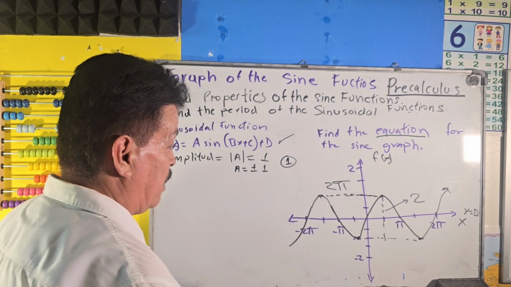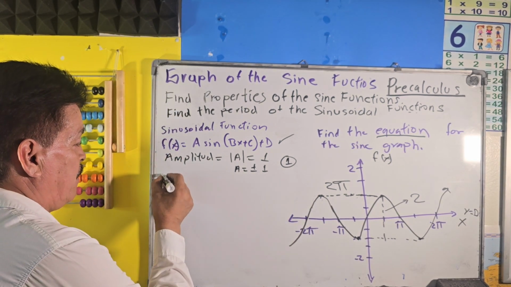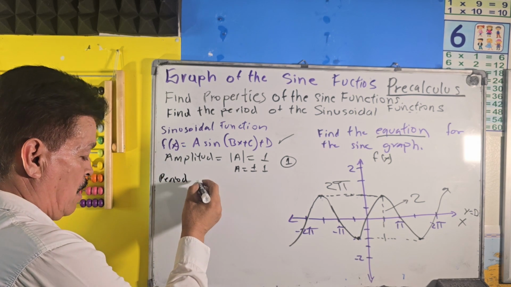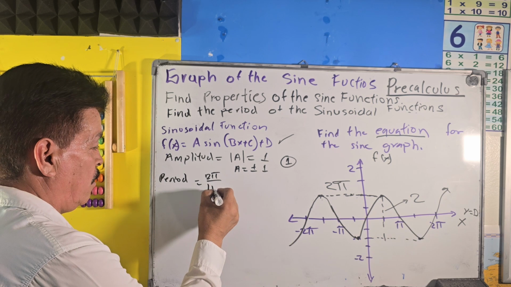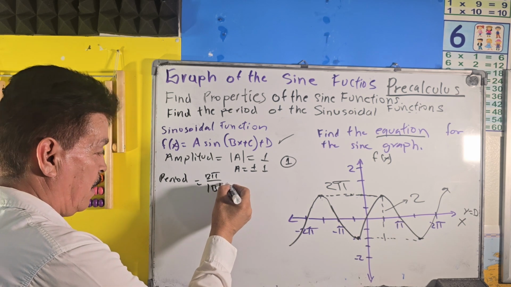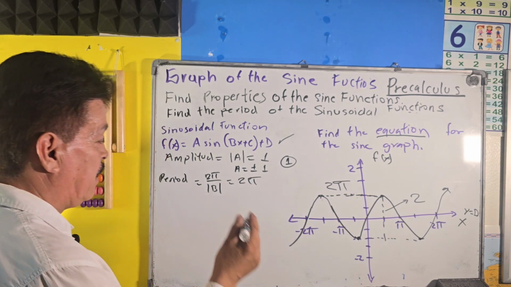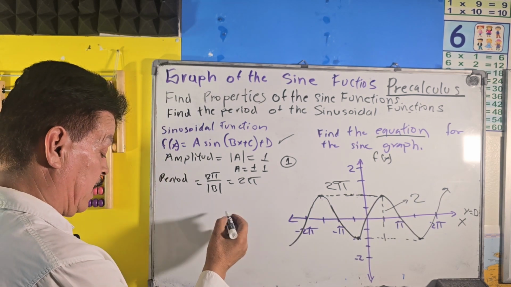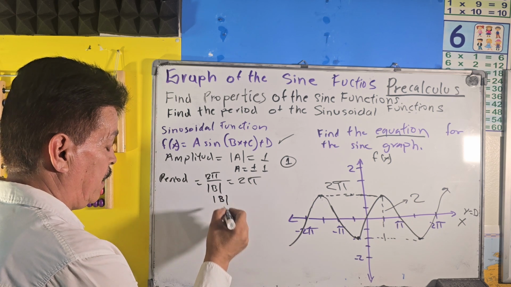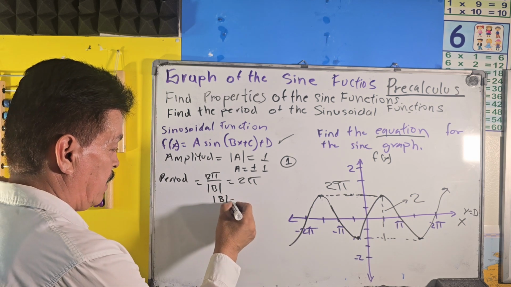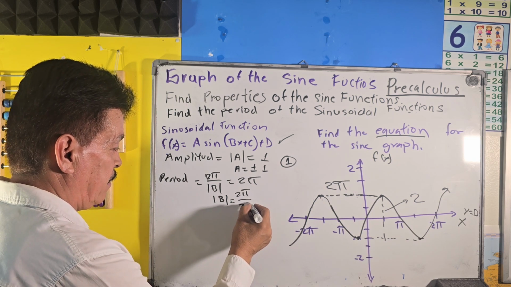So next look at the period. We have to next look at the period. So the period is equal to 2 pi over b. So it's equal to 2 pi. So this means that the absolute value of b is equal to 2 pi divided by 2 pi.